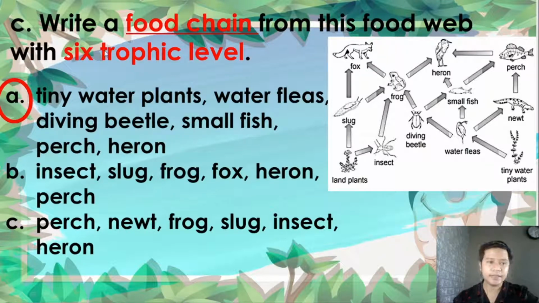How many is that? I want 6 trophic levels. Let's count. 1, 2, 3, 4, 5, and 6. So the correct answer is letter A, because it makes a proper food chain, unlike the other choices.